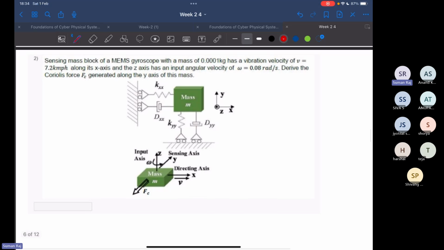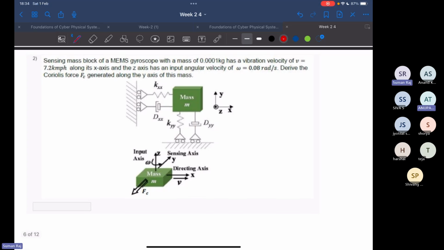This question is exactly using the formula that Shiva has put in the chat window. We say that the sensing mass block of this gyroscope is actually using the Coriolis force.